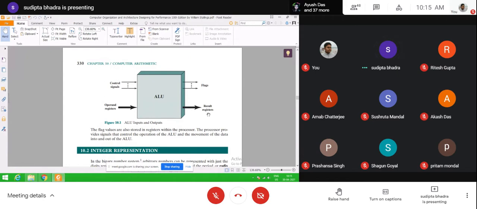Here we are going to see what the representation of the operand will be. Say it is an addition, subtraction, multiplication, or division operation on integers, then how should the integer be represented?